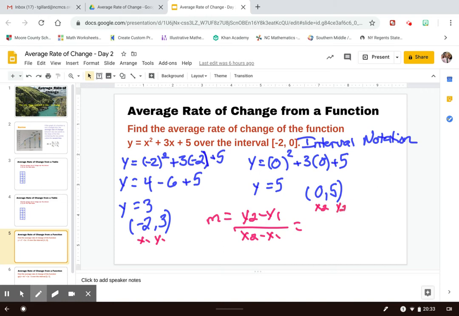Okay, so y2 is 5 minus 3. And then x2 is going to be 0 minus a negative 2.